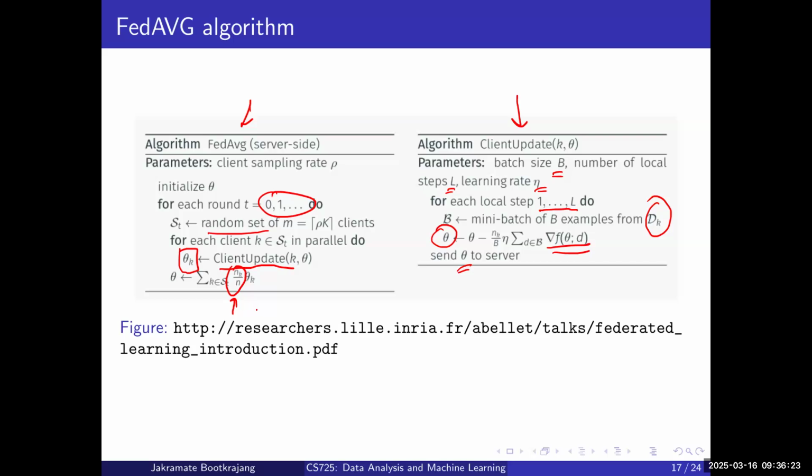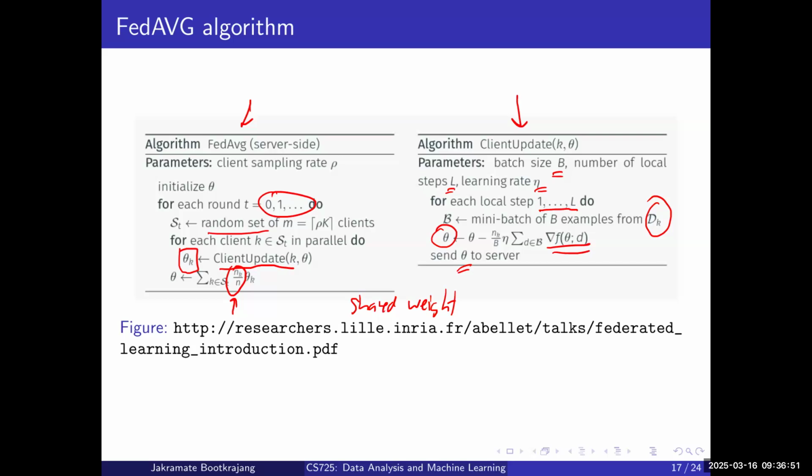So it is basically a weighted average of the parameters from the clients. This is one way that you could do it. This one is called the share weight principle.